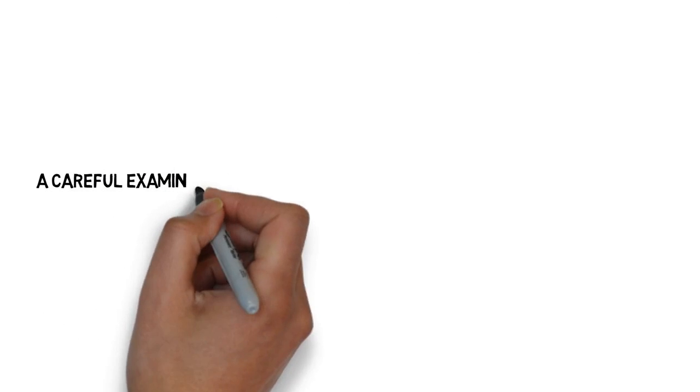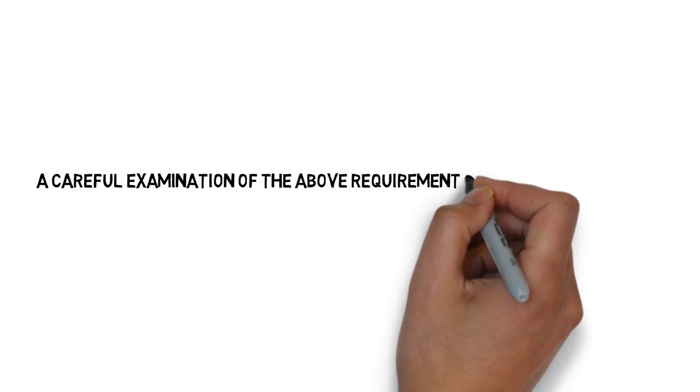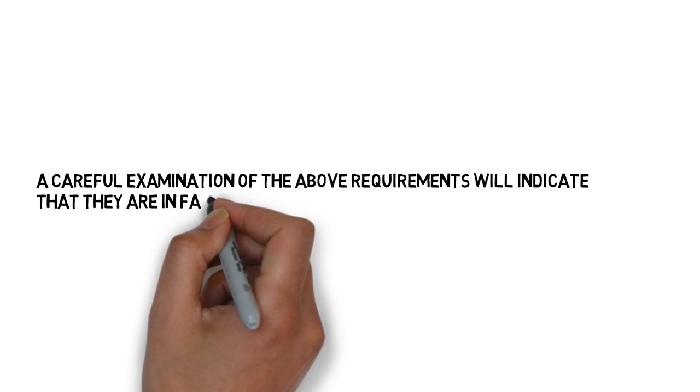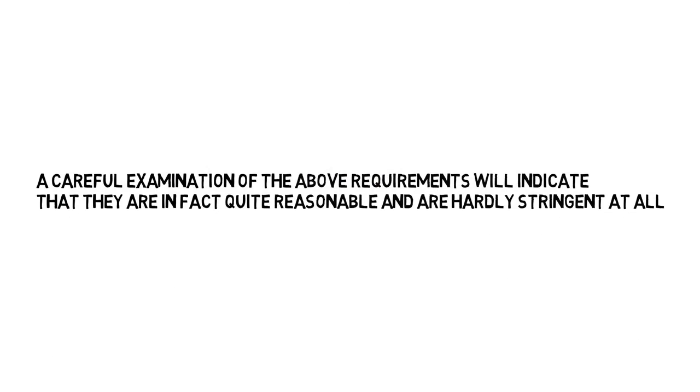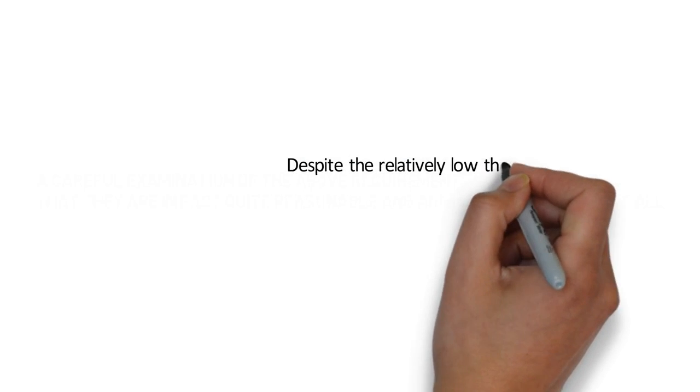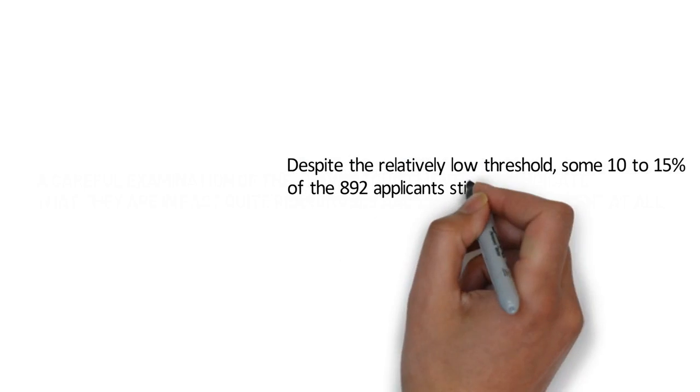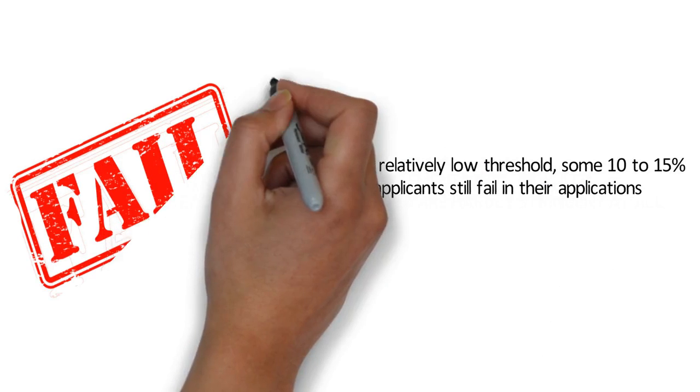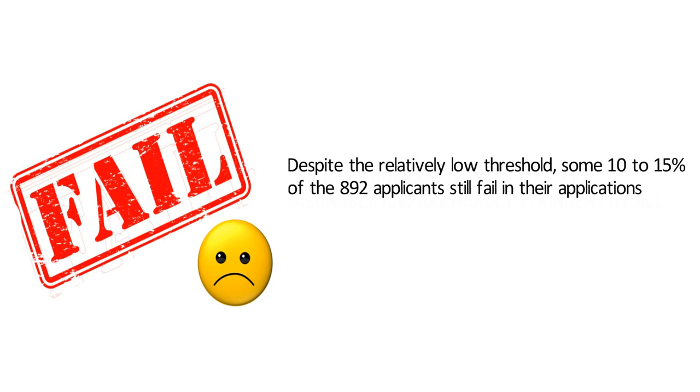A careful examination of the above regulations will indicate that they are in fact quite reasonable and are hardly stringent at all. Despite the relatively low threshold, some 10 to 15% of the 892 applicants still fail in their applications.